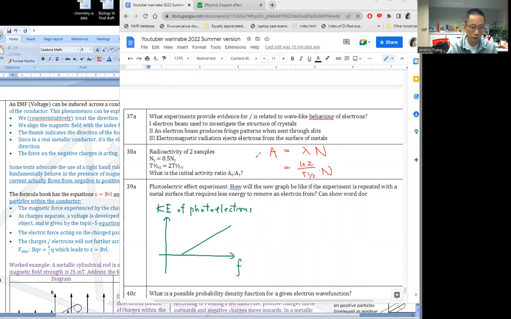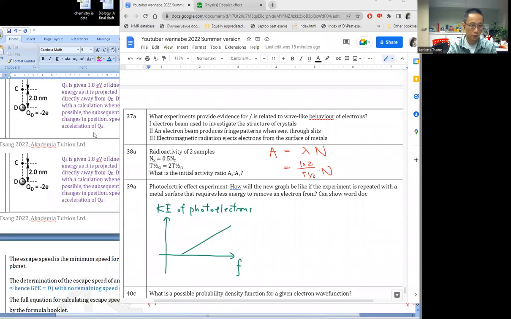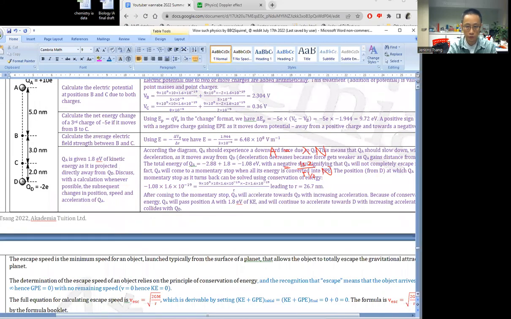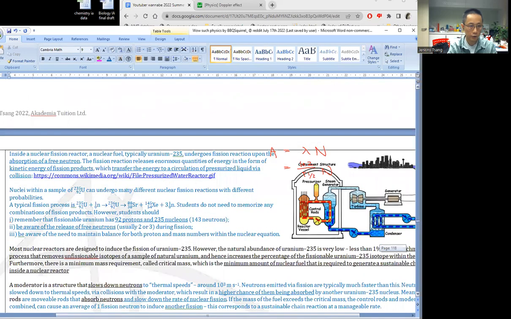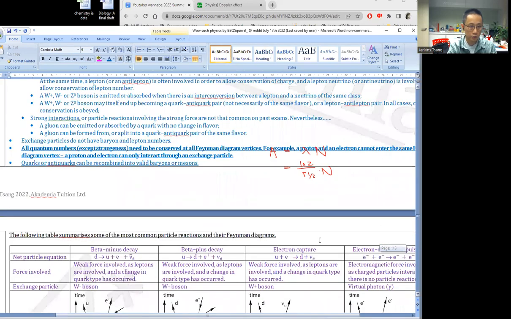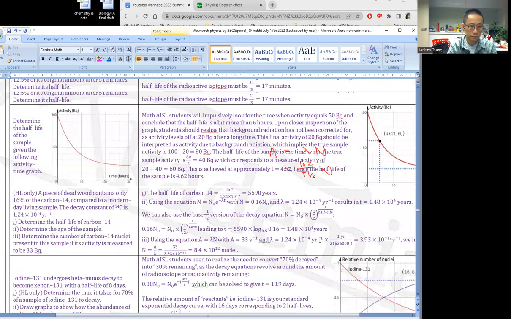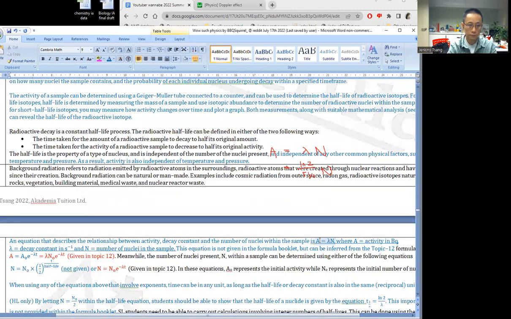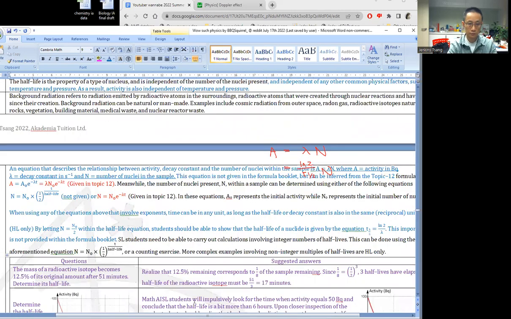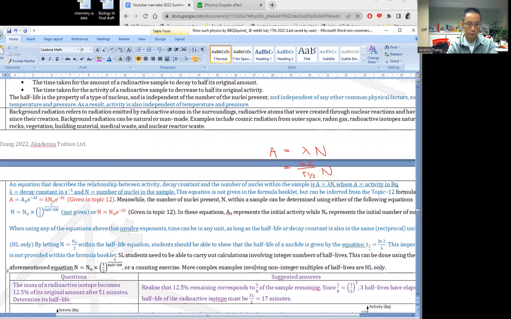And these equations were given in the old formula book. Not anymore, I believe. I think it's given in a more implied way, which I'll show you now. So activity, equal to lambda N, can be inferred from the topic 12 equation.